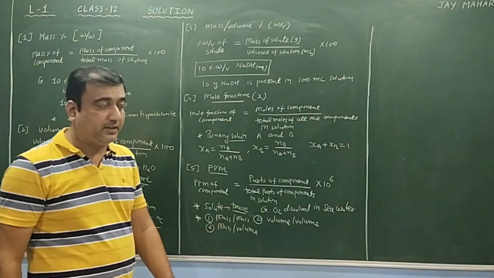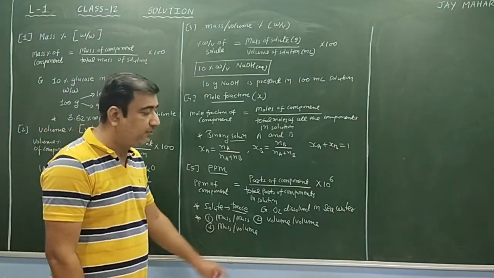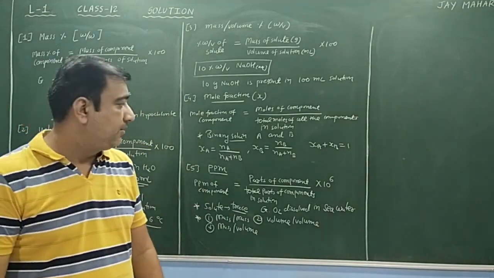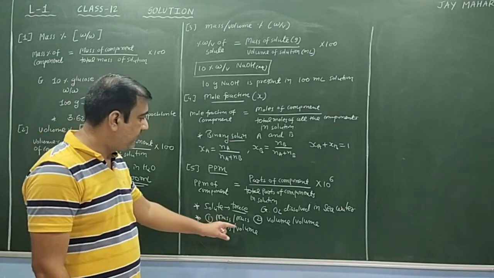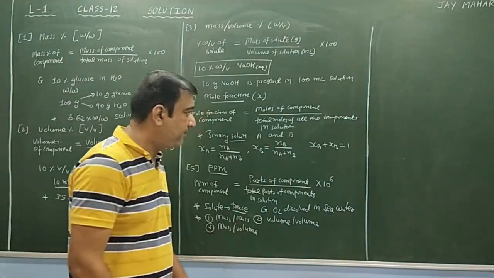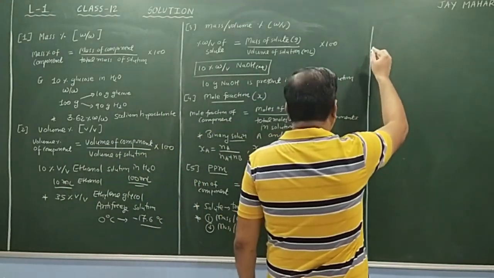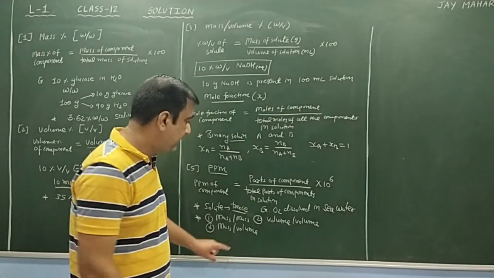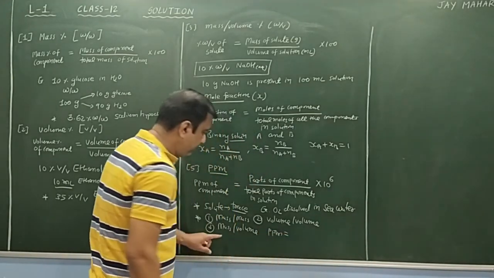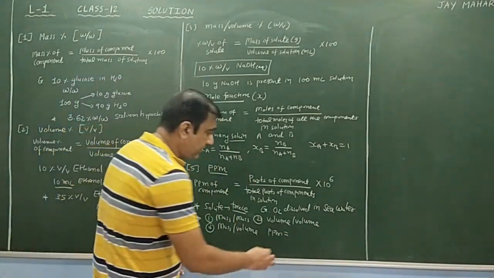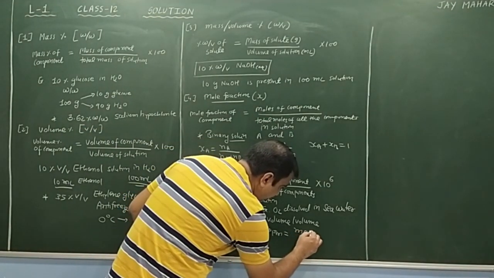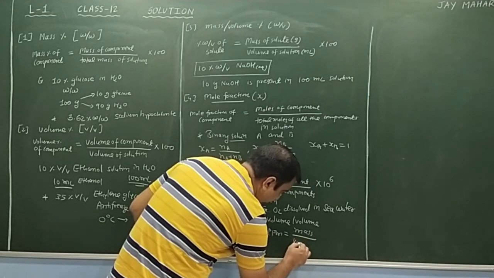Now when we express ppm as mass to volume, we have to take the mass of the component and divide by the total volume. Remember how to calculate ppm: for mass to volume, it is the mass of component divided by volume.